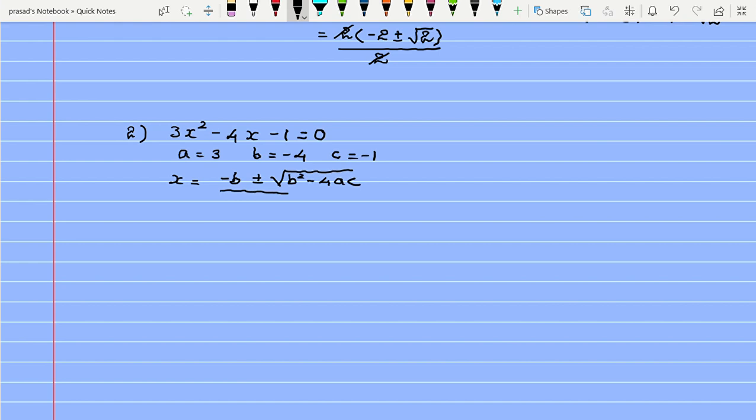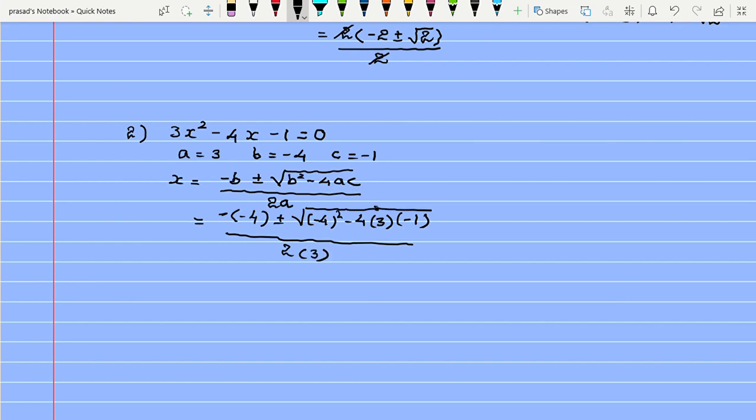upon 2a. Now see this, here you have to be very careful of the sign because b is itself negative. So write it as negative of negative 4 plus or minus root b square, that is negative 4 the whole square minus 4, a is 3, c is negative 1, upon 2a, that is 2 into 3.